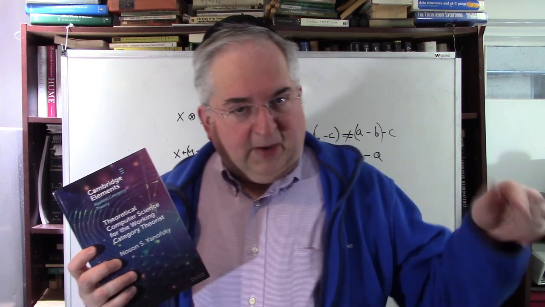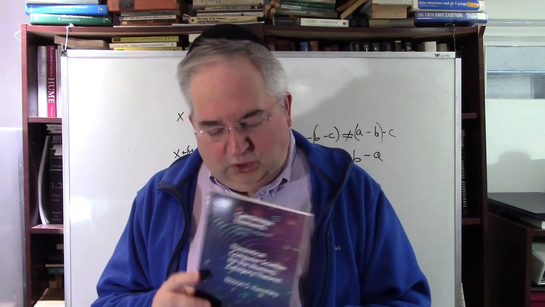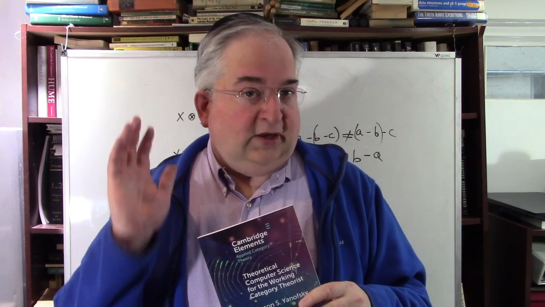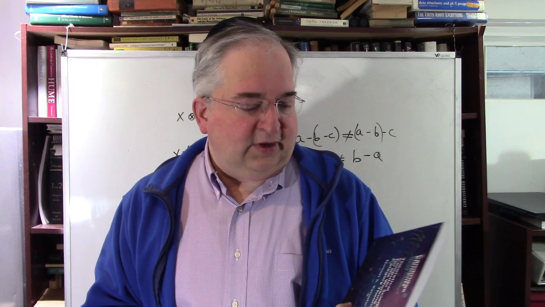Okay, and so this was saying, look, from the amount of category theory you know from a certain point in this book, you can learn a lot of theoretical computer science. And so this book is 150 pages. It came out from Cambridge. And if you're into theoretical computer science, and you're following these lectures, at some point you will easily be able to pick up a lot about theoretical computer science.